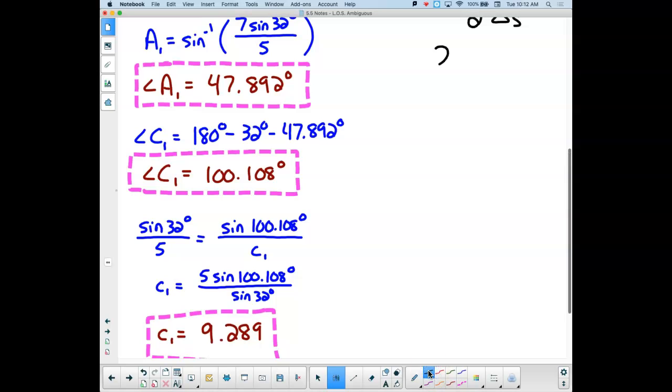Now let's go to our second triangle. Here's the cool part. My second angle, whichever angle you solve for first on your first triangle, the second version of that for the second triangle is going to be that angle's supplement.